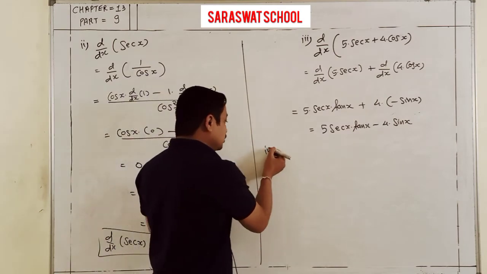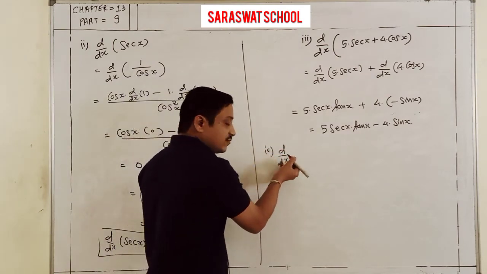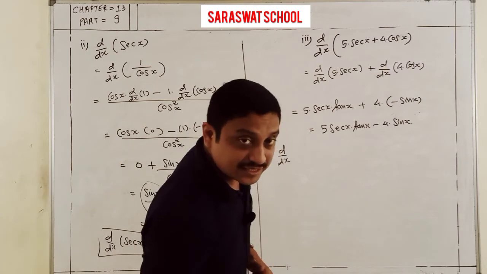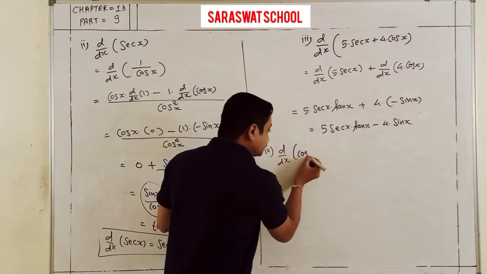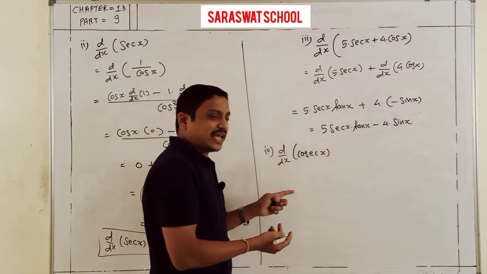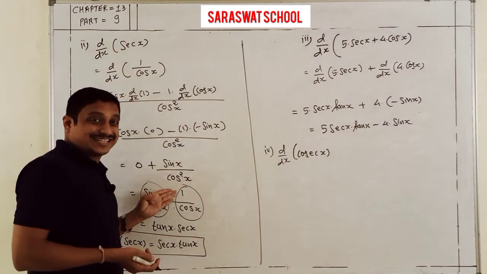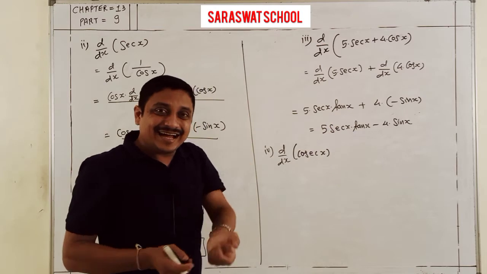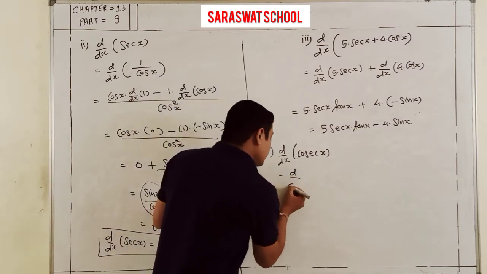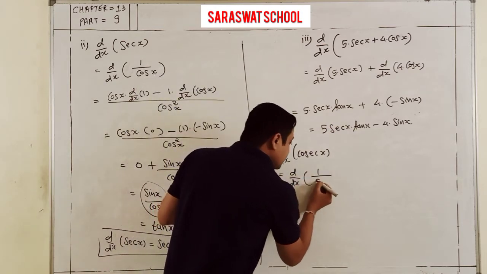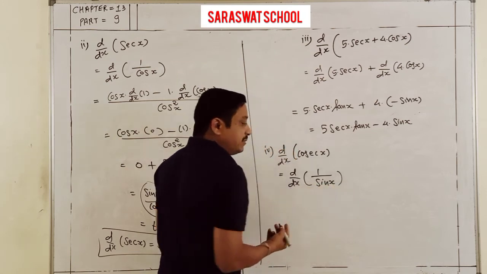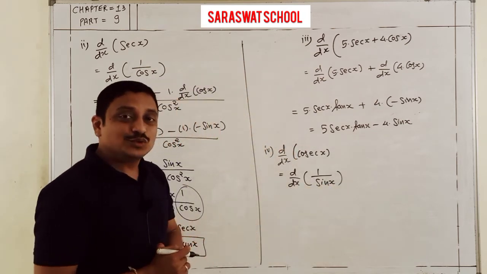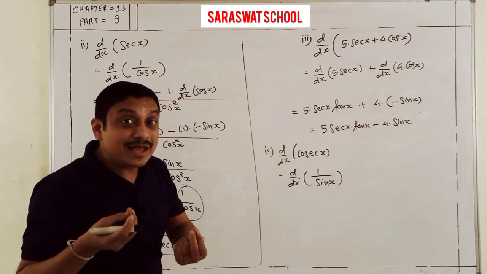Now continue with the fourth one: d/dx of cosec x. Same explanation as for sec, cosec is the reciprocal of sin, so I translate it in the form of 1 by sin x. Now go to the division form, the u by v rule.